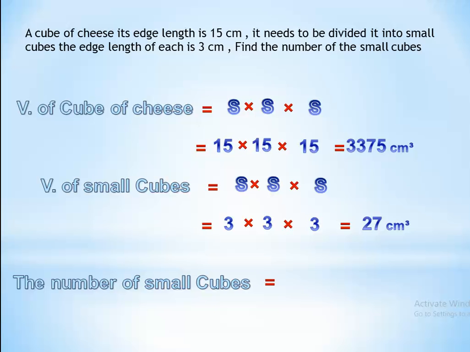So to calculate the number of small cubes, it means volume over volume. The volume of the big cheese over the volume of a small cube. So it will be 3375 over 27 equals 125 cubes.